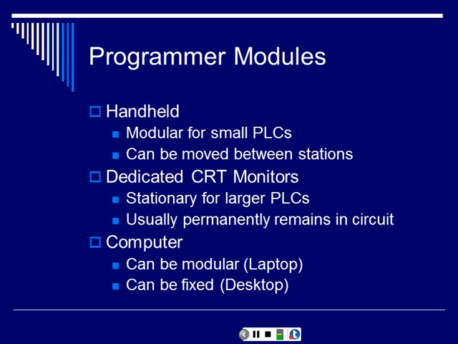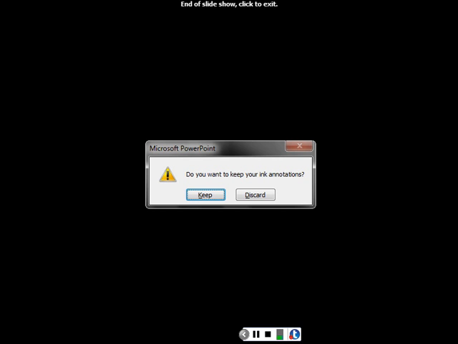That just takes up too much room. So they'd rather buy them laptops, let them program them, bring them out, download them, and go back. So laptop is now the ruler of the programmers. Any questions?